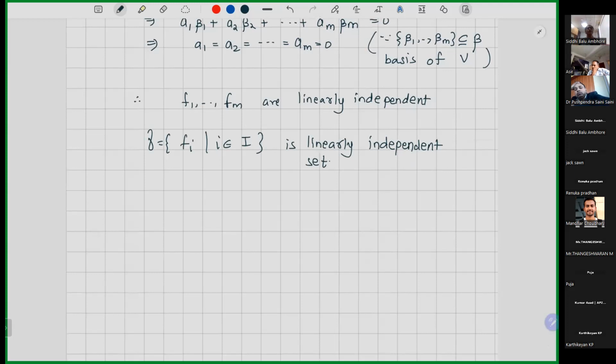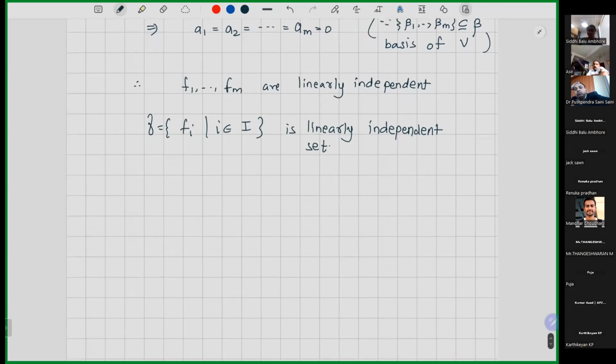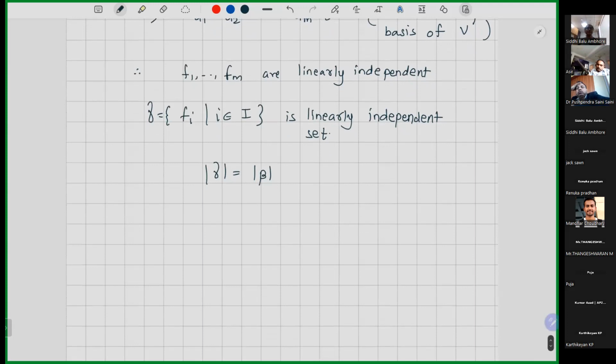And the cardinality of gamma is equal to the cardinality of beta, right? But this is just a linearly independent set in V star. So gamma is a linearly independent set in V star.